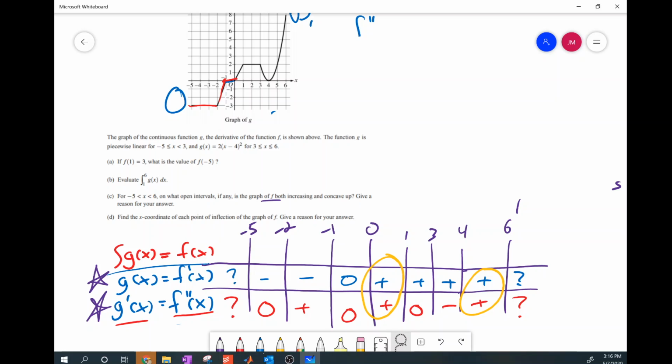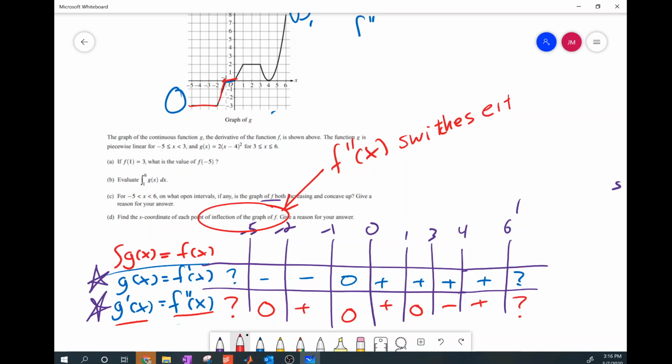So the point of inflection for f just means that f double prime of x switches either positive to negative or negative to positive. We can see that our f double prime of x, 0 to positive, no, positive, 0, 0, positive, positive, 0, no. The only time that we switch either from positive to negative or negative to positive is at 4.